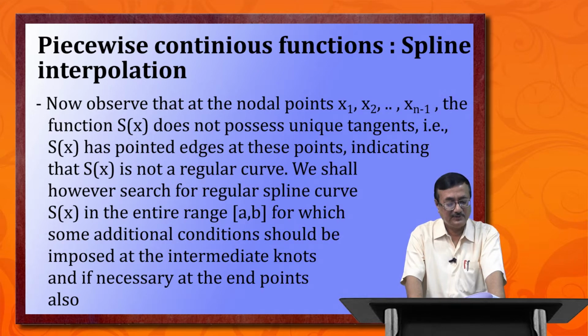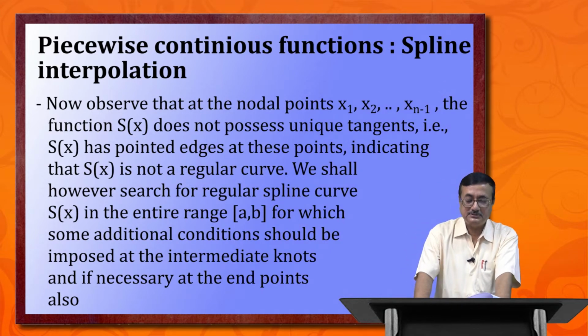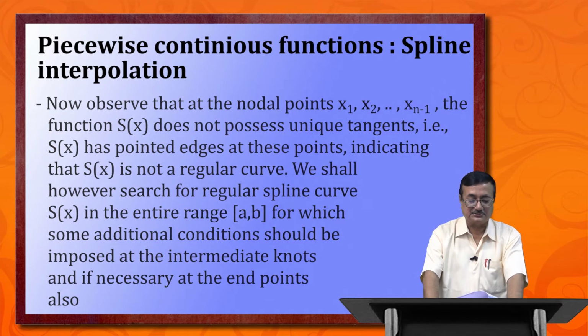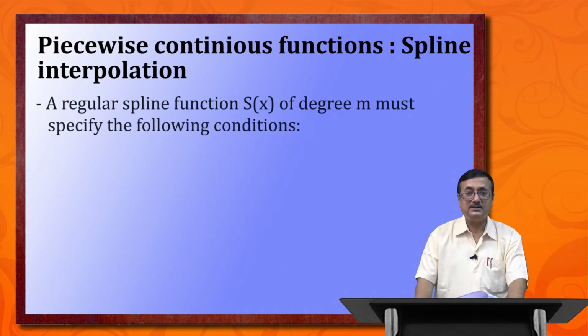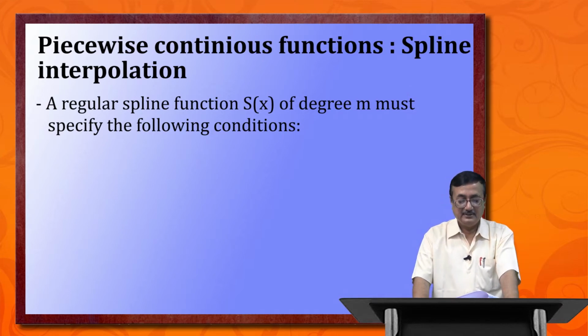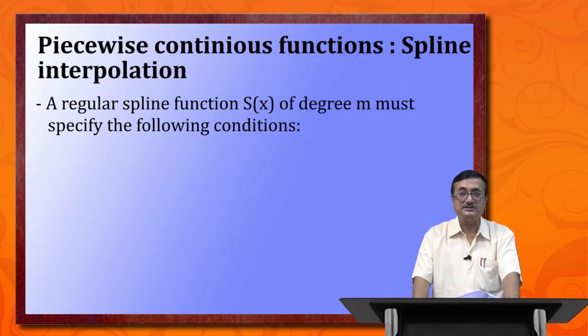We shall, however, search for a regular spline curve S(x) in the entire range [a, b], for which some additional condition should be imposed at the intermediate nodes and if necessary at the endpoints also. A regular spline function S(x) of degree m must satisfy all the following conditions.